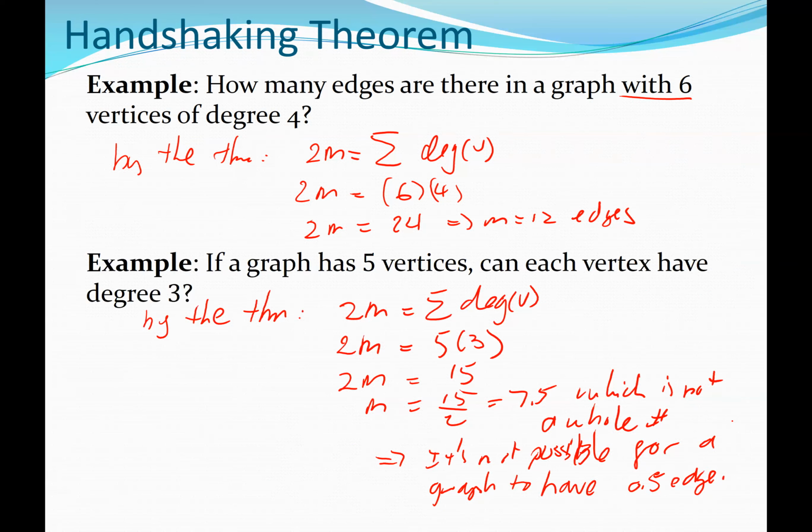I mean, you need to have like 12 edges, 11 edges. You can't just have 7.5 edges, right? It's not going to be possible. So this question won't be possible, meaning that there's no way you can construct a graph that has 5 vertices with each vertex having degree 3. That's the scenario.